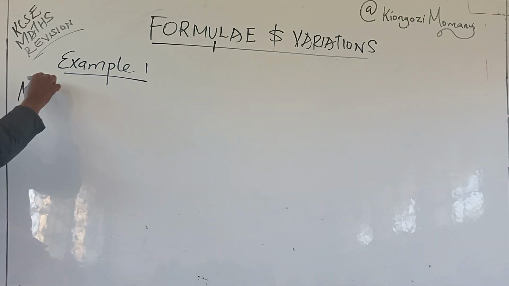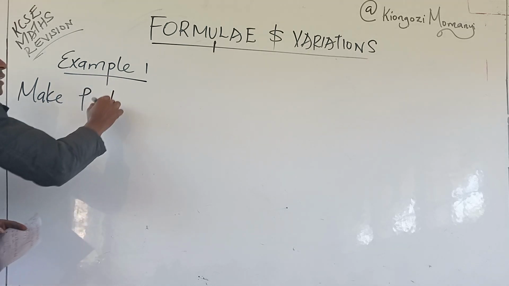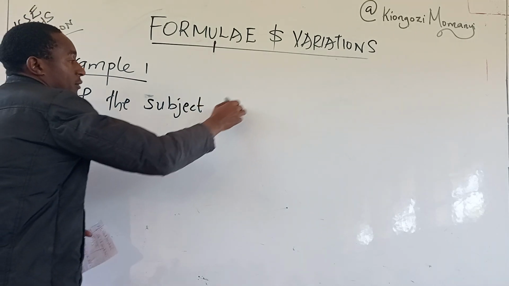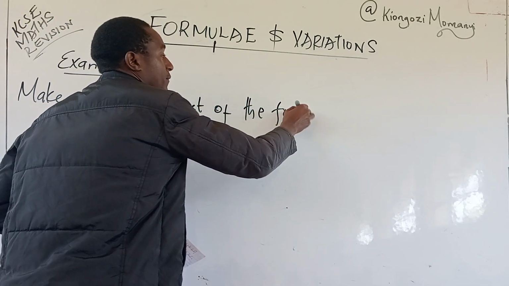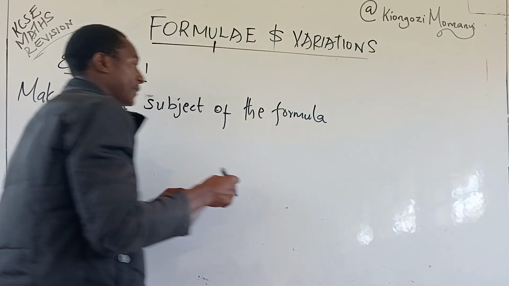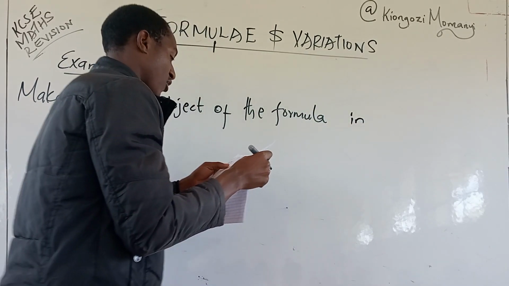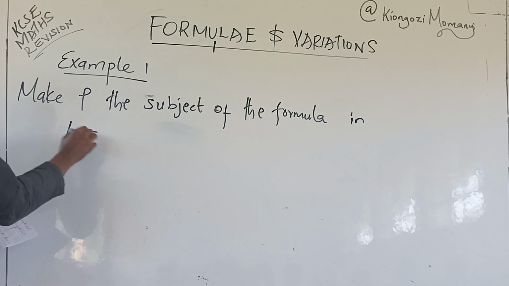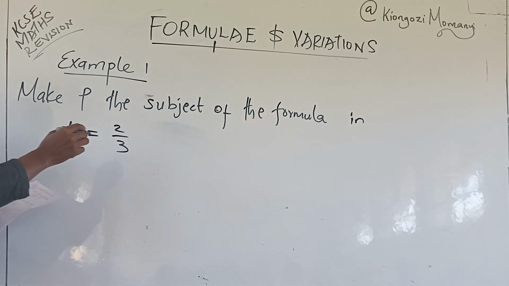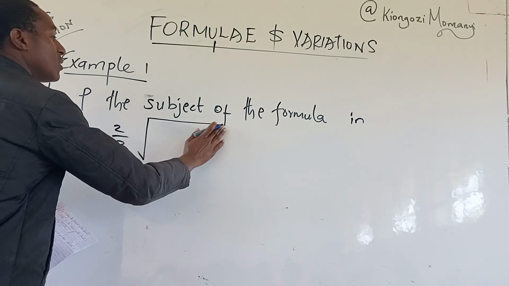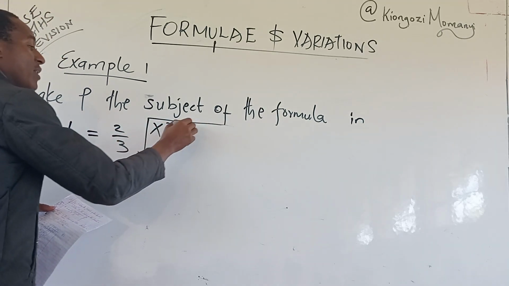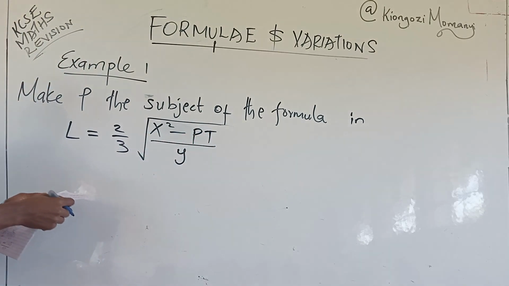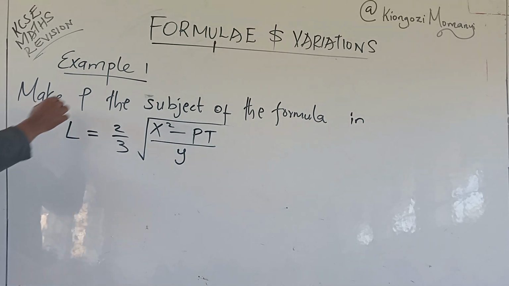Make P the subject of the formula if that formula is given as L is equals to 2 over 3 times the square root of x squared minus pt, all divided by y. So we are making P the subject of the formula.